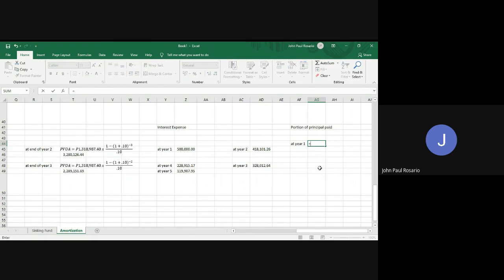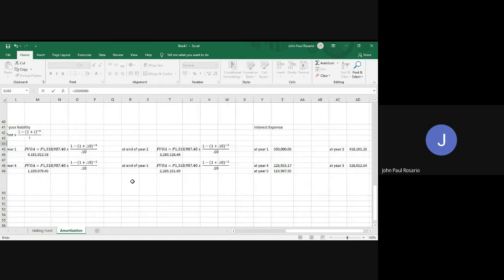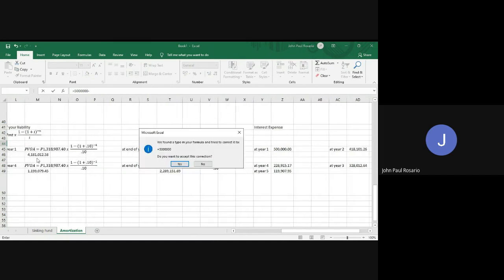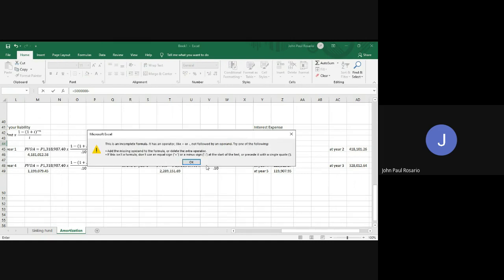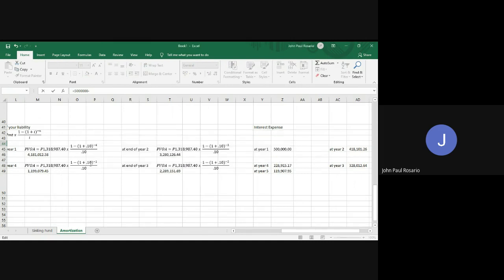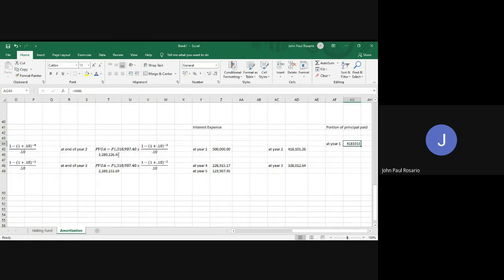So at year one, simply get the 5 million, and then you simply deduct from it the present value at the end of year one. Minus this one, our present value at the end of year one. And let's just input here 5 million.